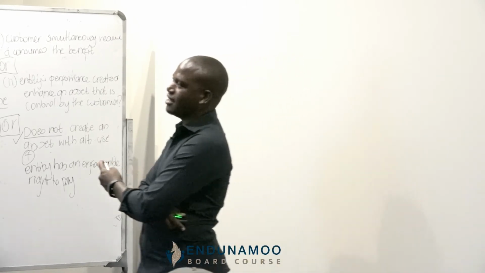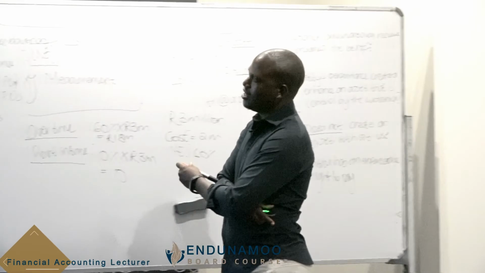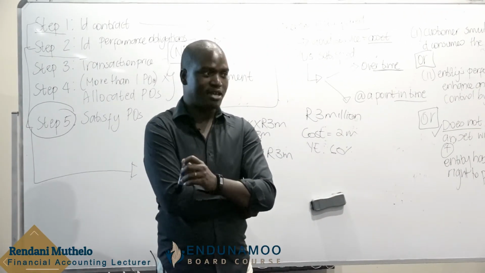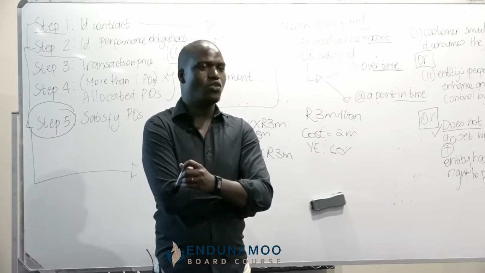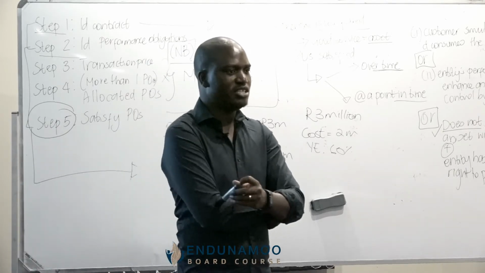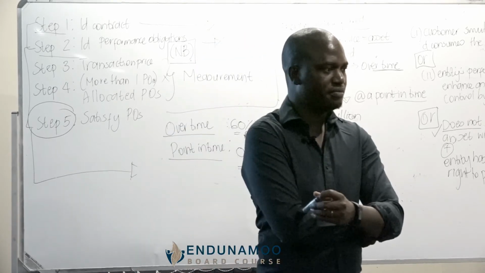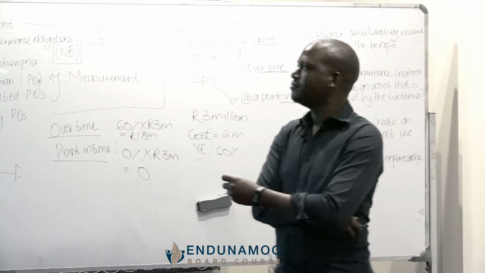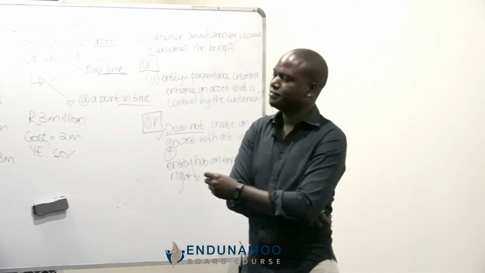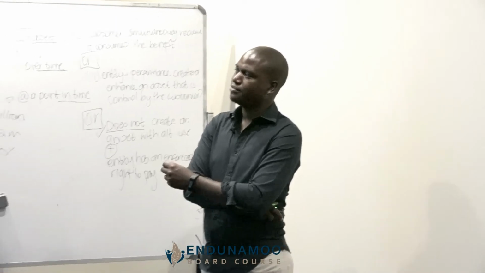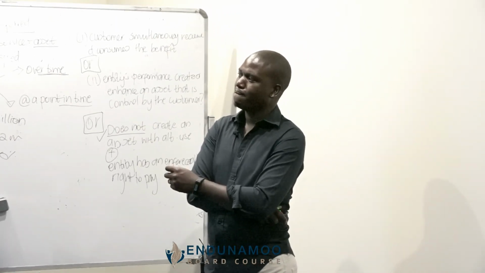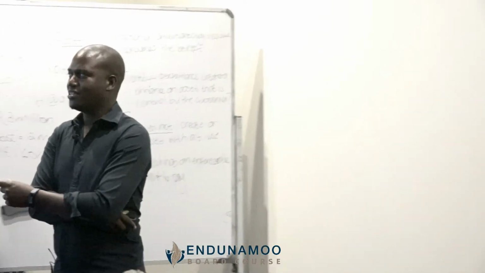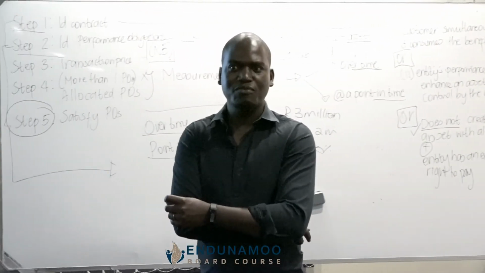So he is saying that the entity does not create an asset with an alternative use. How do you know? Remember that you have to apply, right? How do you know that there is no alternative use to this asset? But is it enough if the asset is just designed for me?